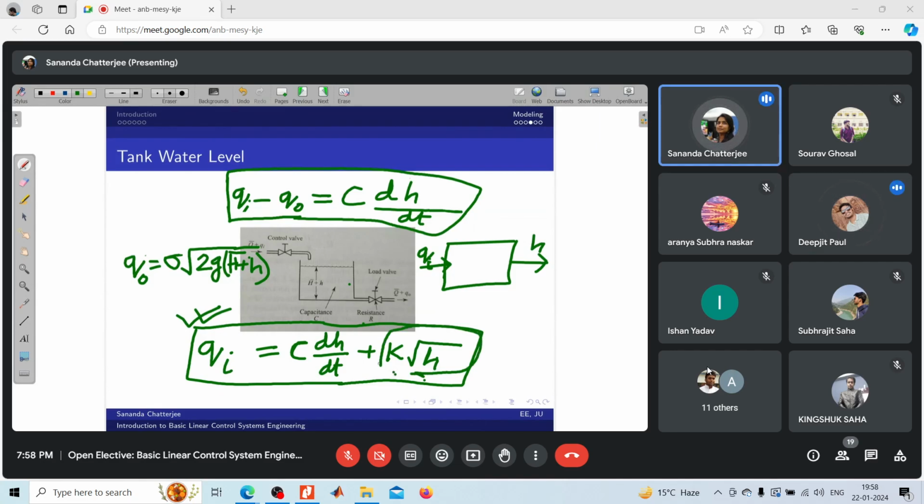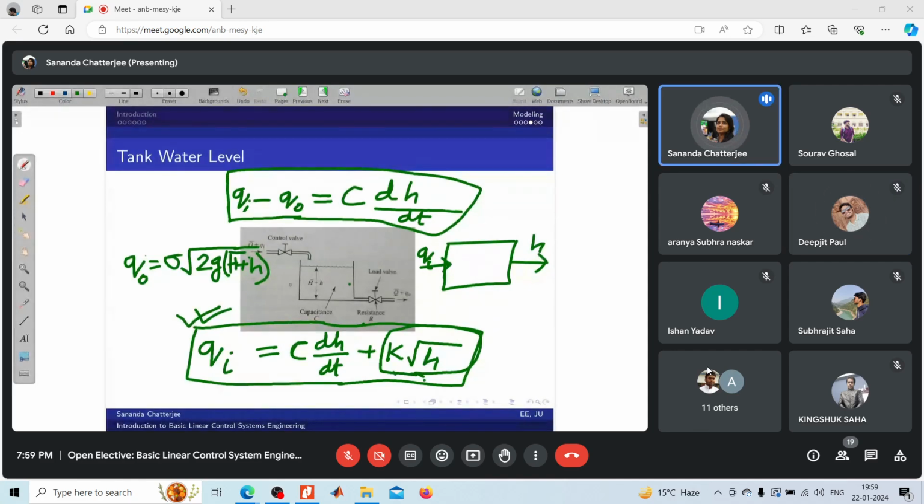So how do you define a differential equation? In case of a differential equation, this Qi should have been a function of H, dH/dt, d2H/dt2, all these things. It's a first order differential equation. That means there is one energy storing element in this system.